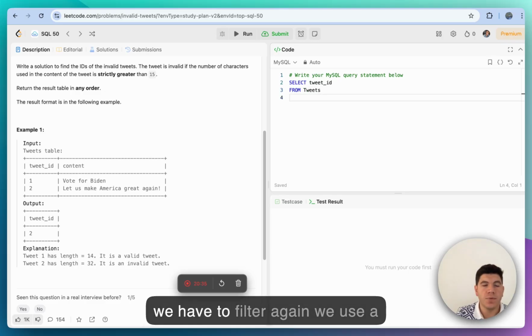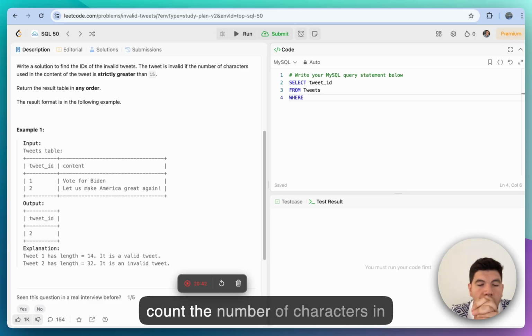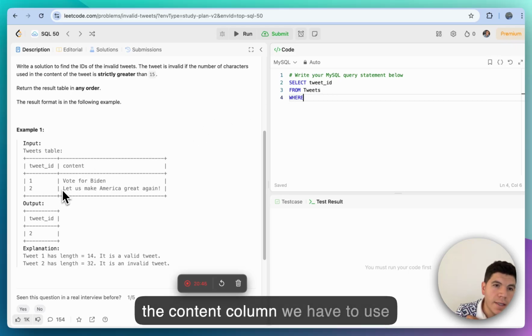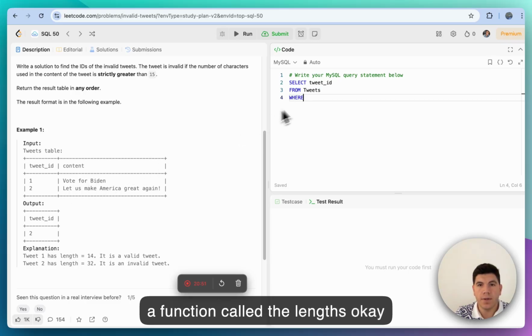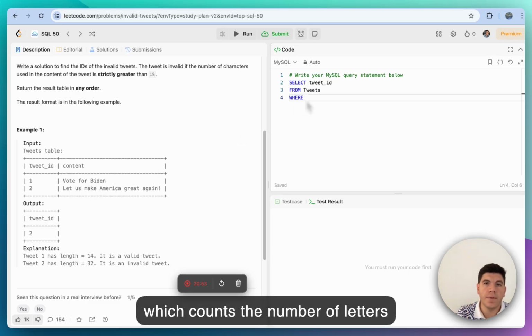And again, we have to filter, so we use a where statement. Here, in order to count the number of characters in the content column, we have to use a function called length, which counts the number of letters, including the space.